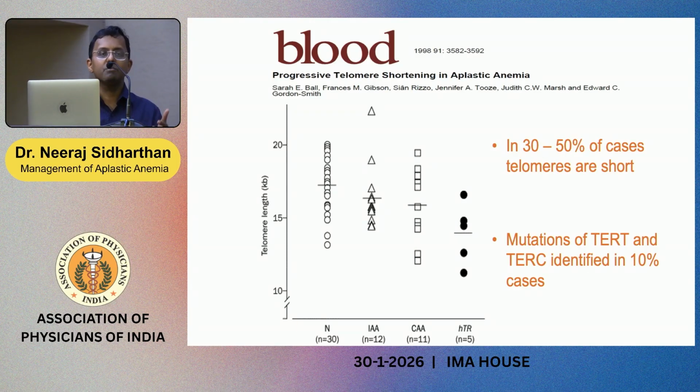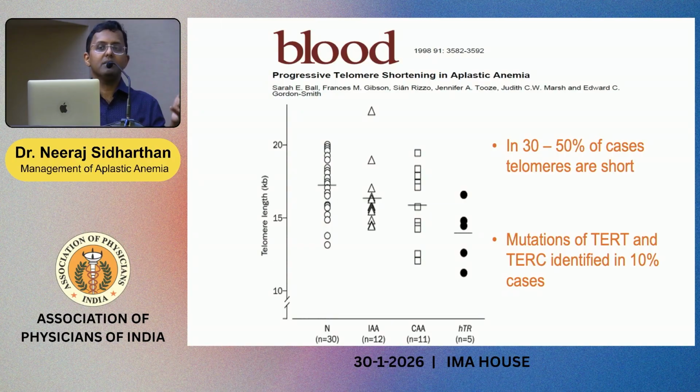Now there is a terminology called telomeropathies. Telomeropathies may be inherited in families, and you may find other members of the family having pulmonary fibrosis, liver cirrhosis, or macrocytic anemia.